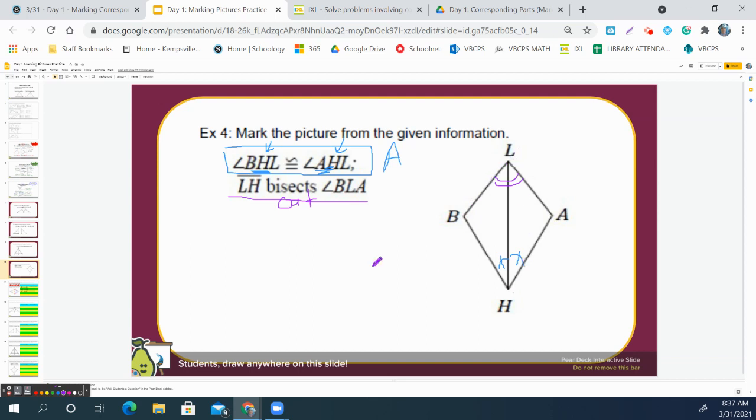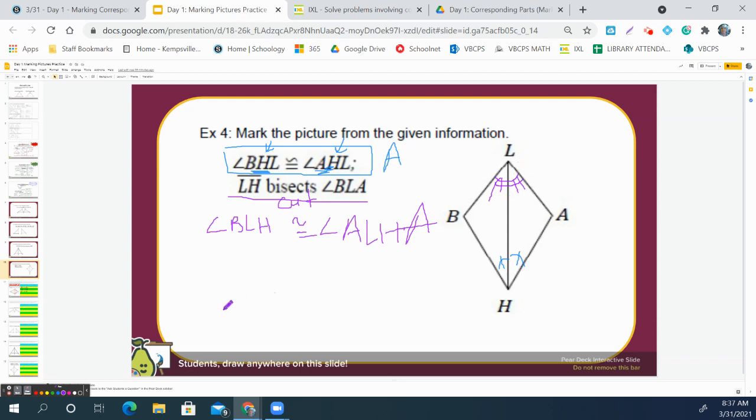Absolutely. So angle BLH, that left side, is congruent to the right side, angle ALH. Okay, and that's another angle.